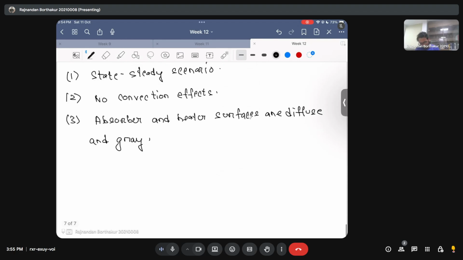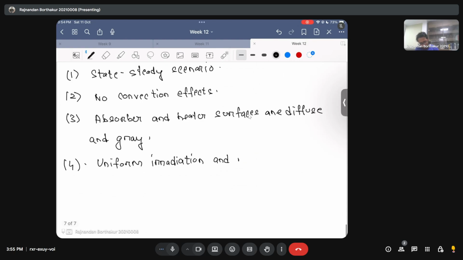Then we'll also assume one or two more assumptions, which is the fact that we are considering uniform irradiation and radiosity from all surfaces.